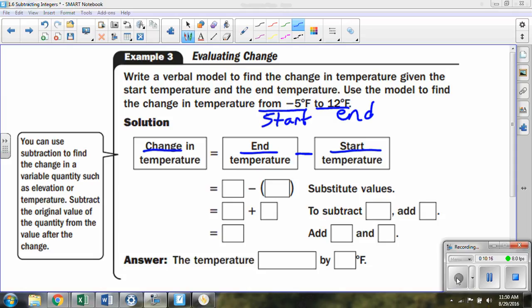Substituting those in, 12 subtract -5. If we want to subtract the -5, we have to add its opposite, +5. So we have 12 plus 5. Those add up to 17.